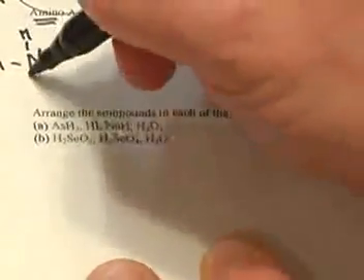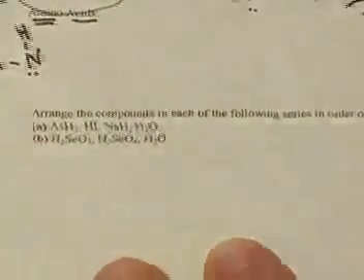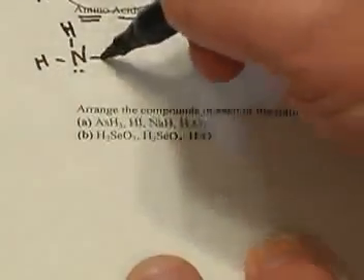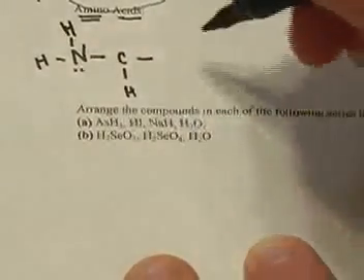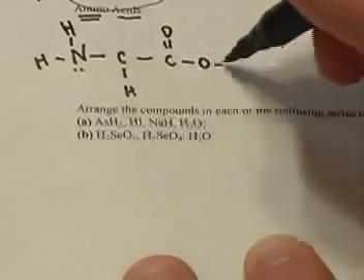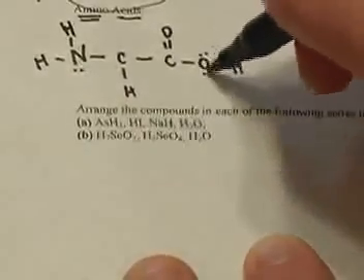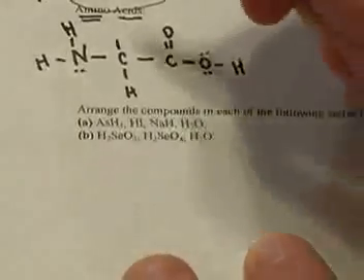There is the amine group with a nitrogen connected to two hydrogens and an unshared pair of electrons attached to a carbon, and then attached to a carboxylic acid group. And this carbon right here can be attached to one or more carbons.